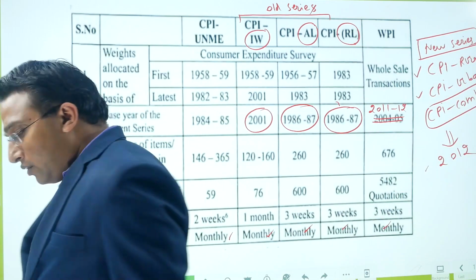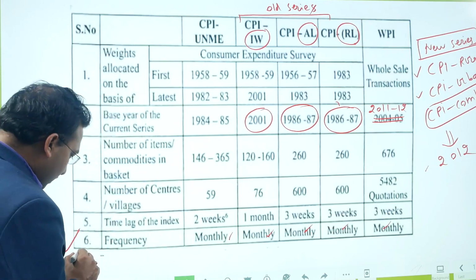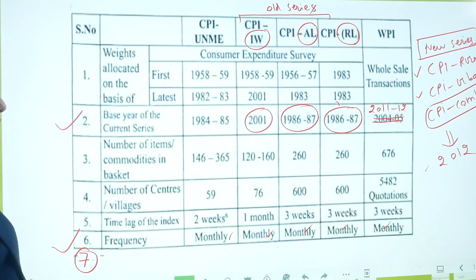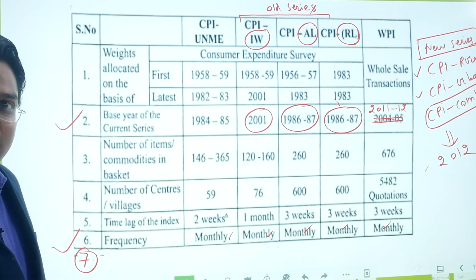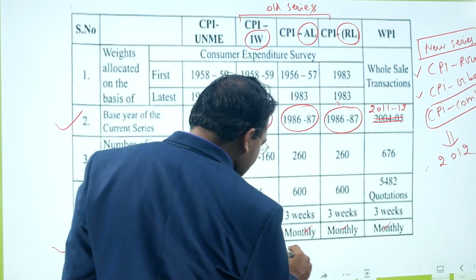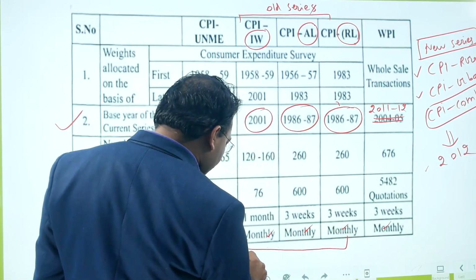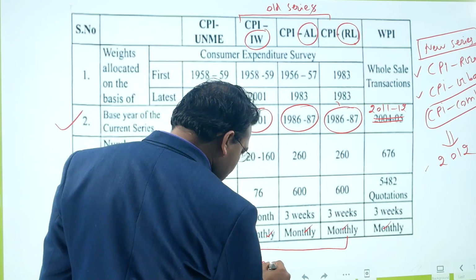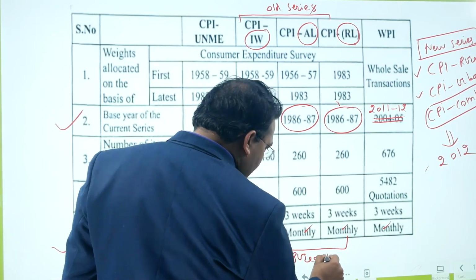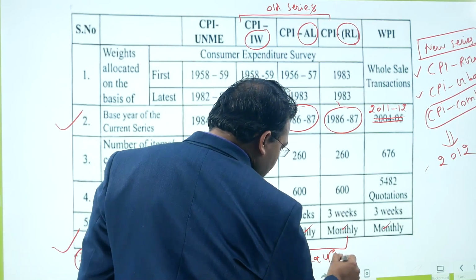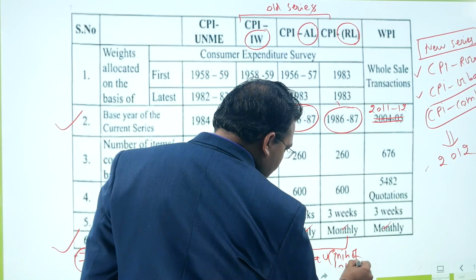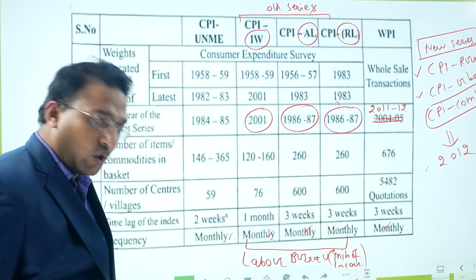Now, the next question is, who or which agency brings out these indices? These three indices are given by the Labor Bureau, which is under the Ministry of Labor and Employment.